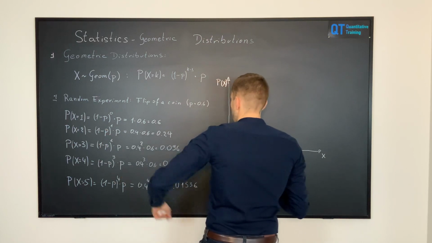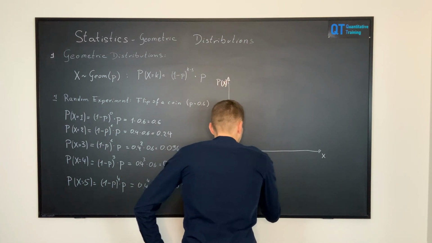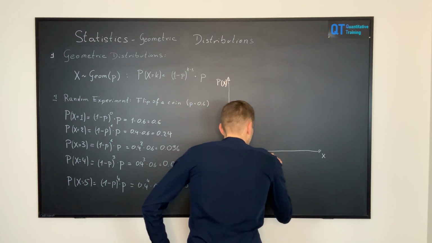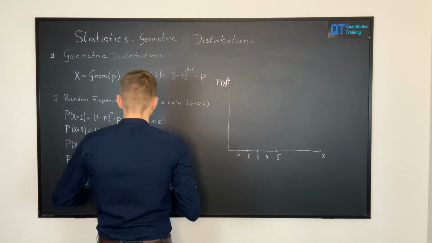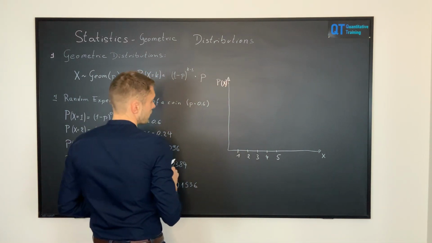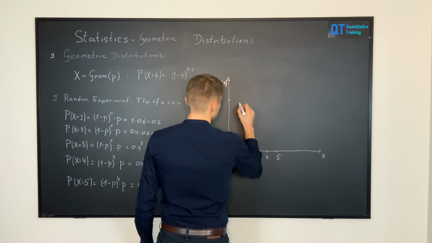So in this particular case we looked at x being 1, 2, 3, 4 and 5, and we saw that x being 1 has the highest probability, 0.6, which is basically somewhere here.